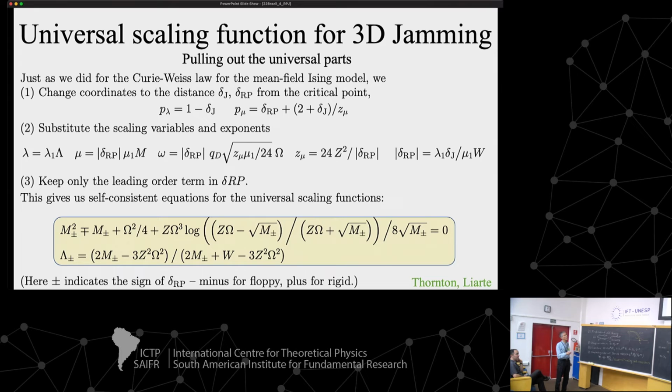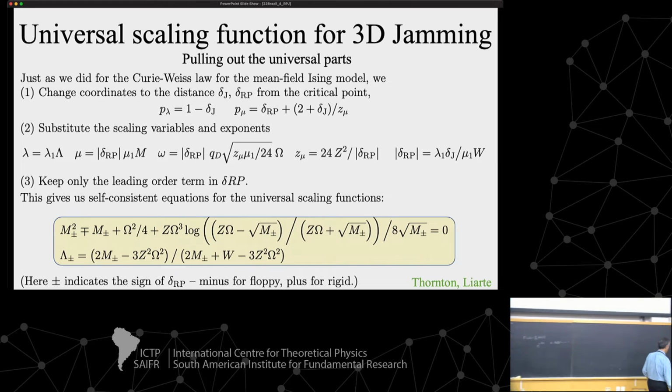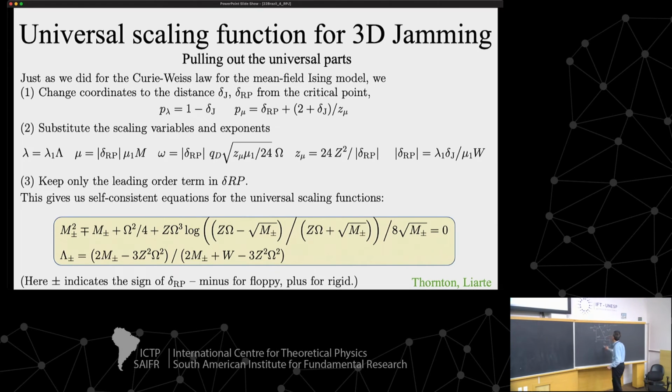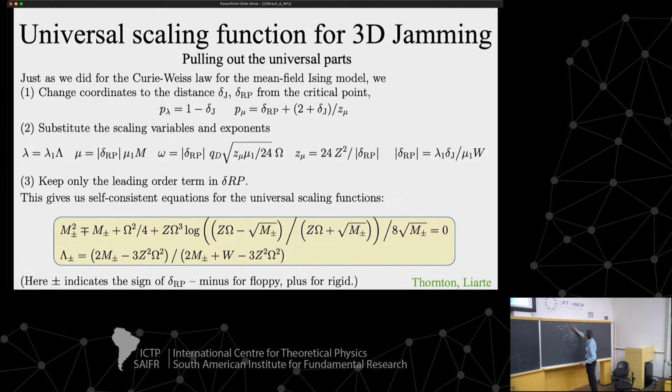So this is that straight line here. We're measuring delta RP, the distance to that line, and delta J is the distance to this line. Good?